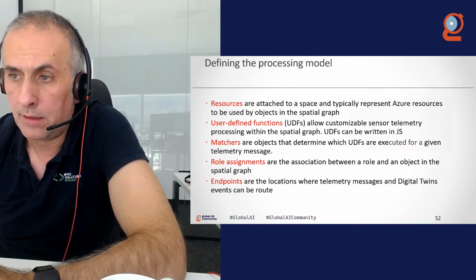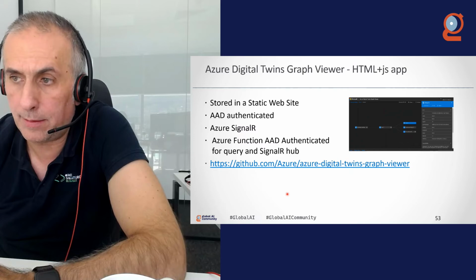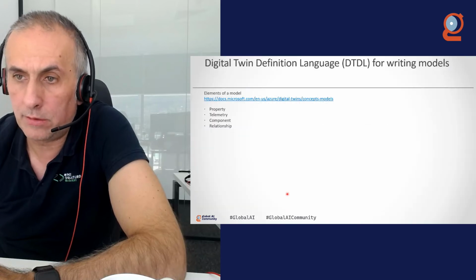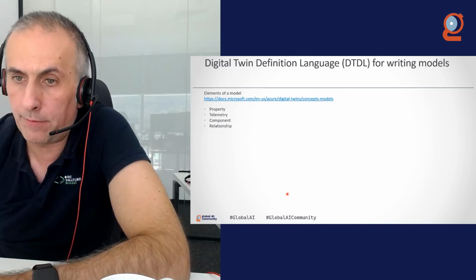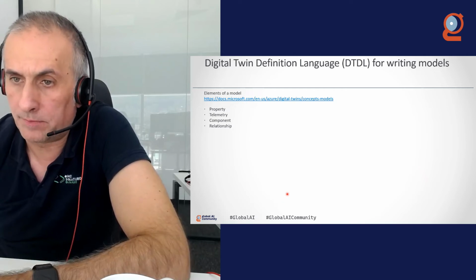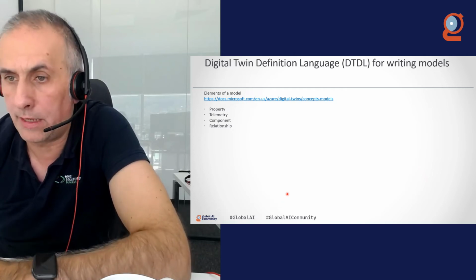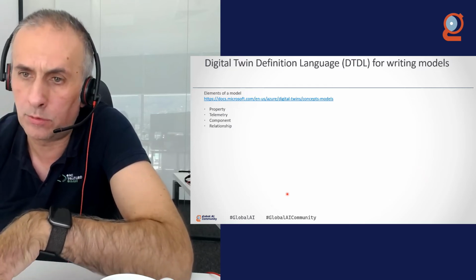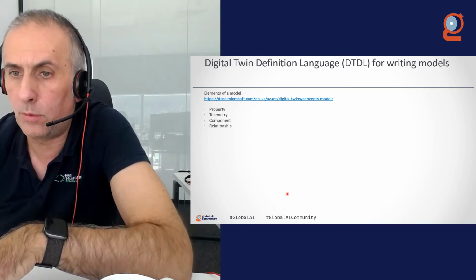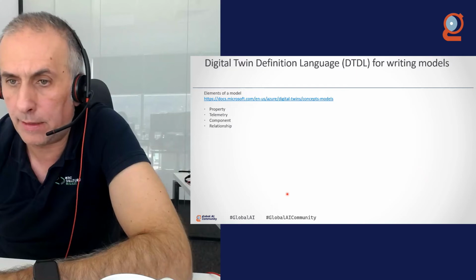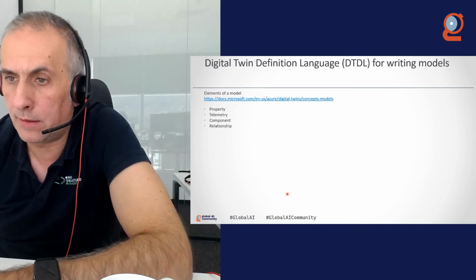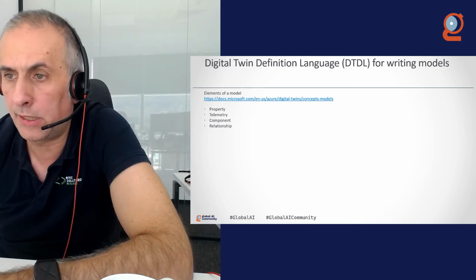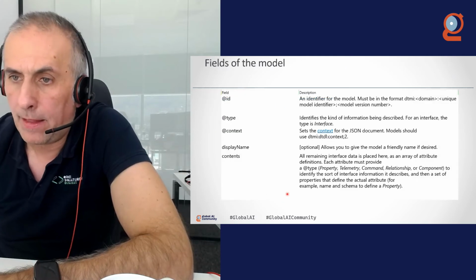That's the reason to have nowadays the Digital Twins Definition Language, where we have several different objects which we can create, which we can include in the model, and to work with properties, telemetry, and we can create different components and relationships in our models.